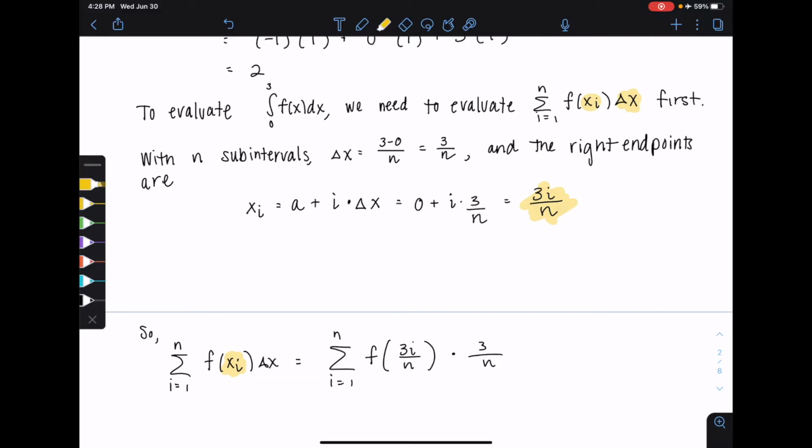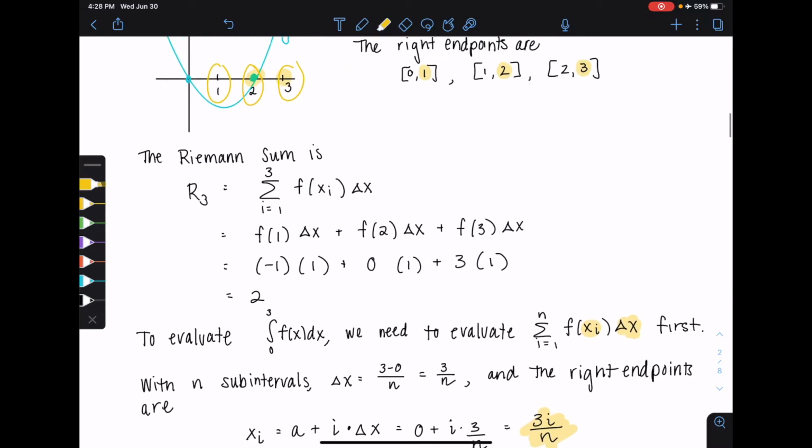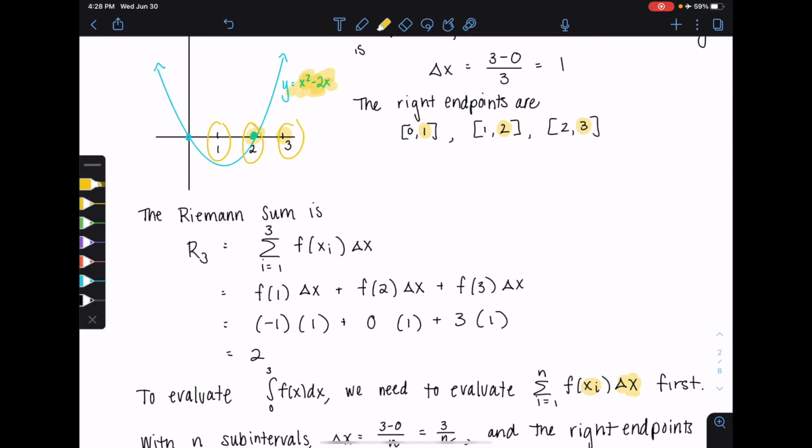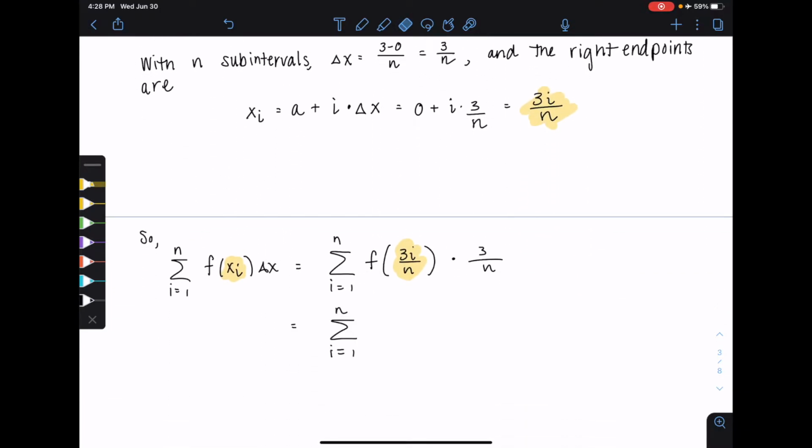Because afterwards I'm going to let the number of rectangles approach infinity to give me my true area. So what I'm going to do is plug 3i over n into this function, x squared minus 2x. So this is equal to our sum. We get the input squared minus 2 times the input, and then times our delta x.